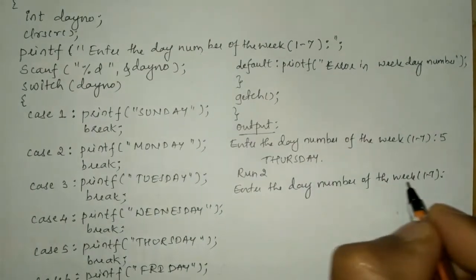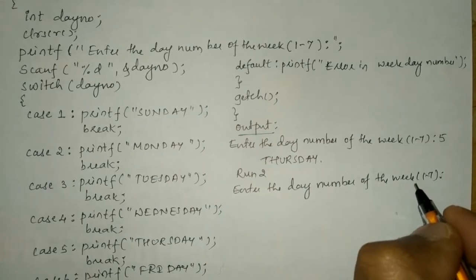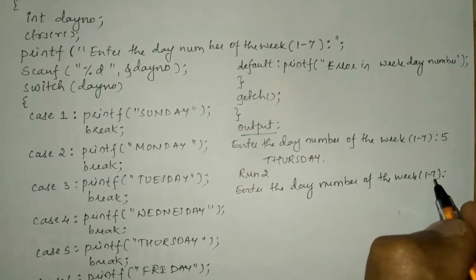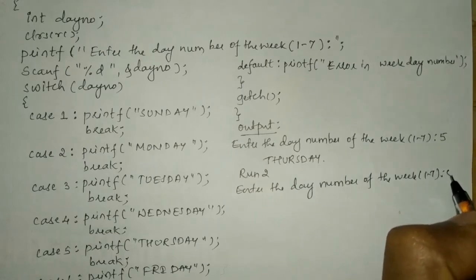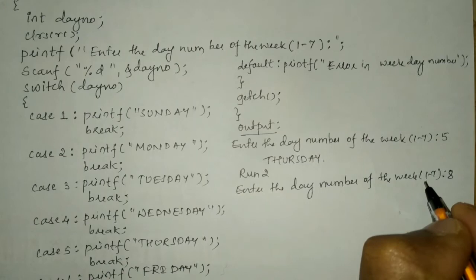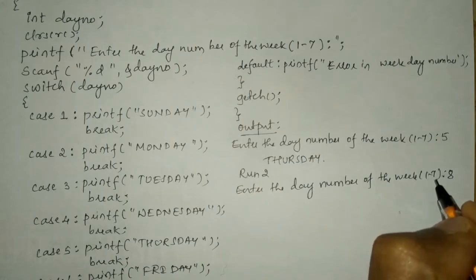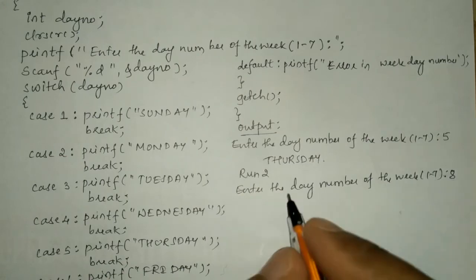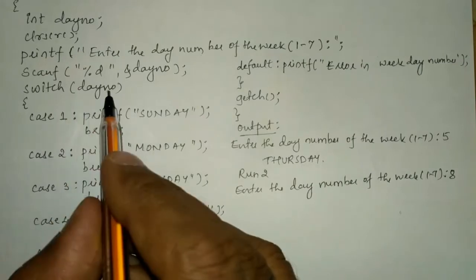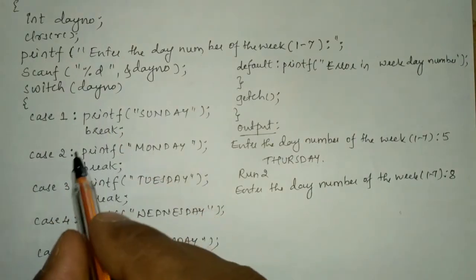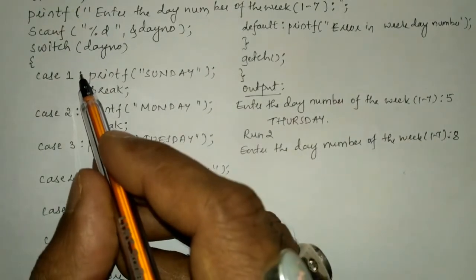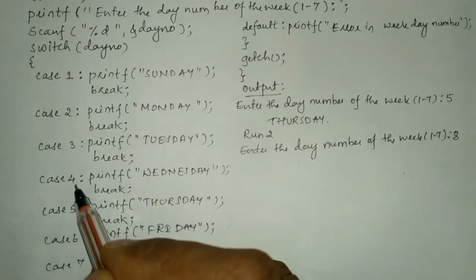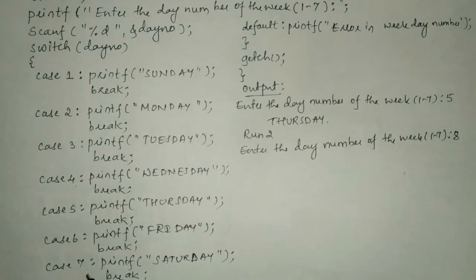In spite of providing the information for the end user that he or she has to write 1 to 7, if the user enters any number other than in the range of 1 to 7, if it is 8, then you can see the switch statement's day number does not match any of the case labels, because we have case 1, case 2, case 3, 4, 5, 6 and 7.